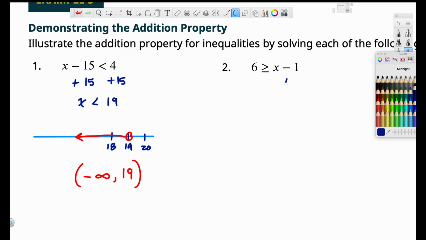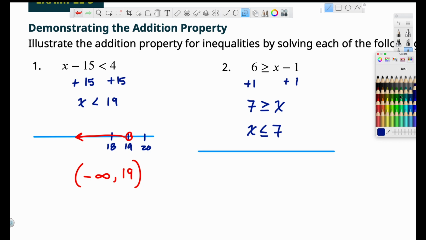Okay, this one, I'm going to add 1 to both sides. So I've got x is greater than or equal to 7. If I want, I could rewrite this, just switching the sign so it still reads less than. And then I'm at 6, 7, 8.